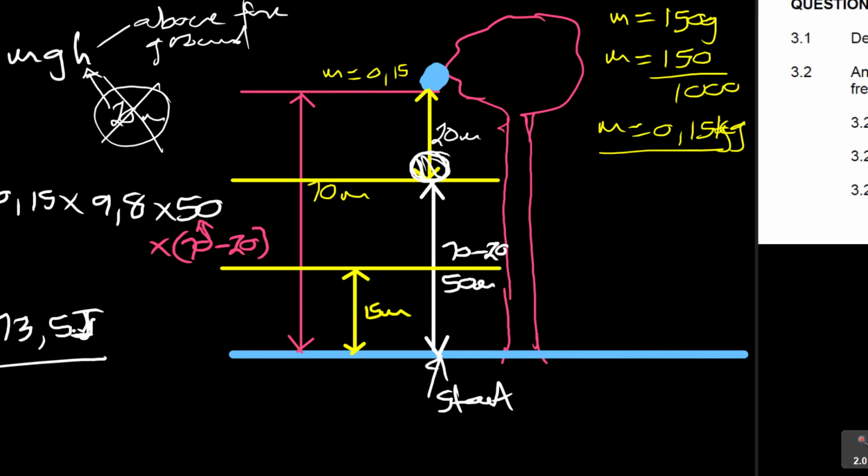If it is at 15 meters above the ground, the object is somewhere here. So how many meters has it fallen? If you subtract, it's 70 minus 15, which is 55 meters. That's where they're trying to catch you.